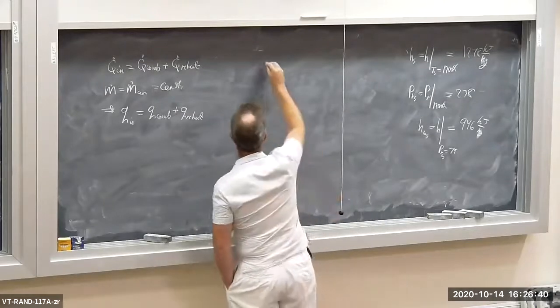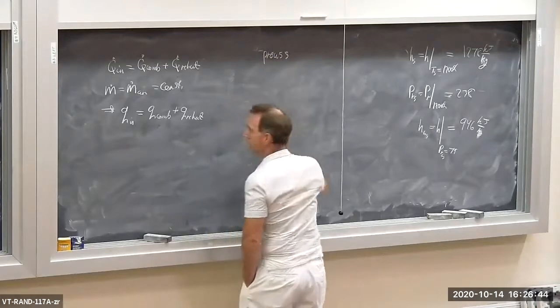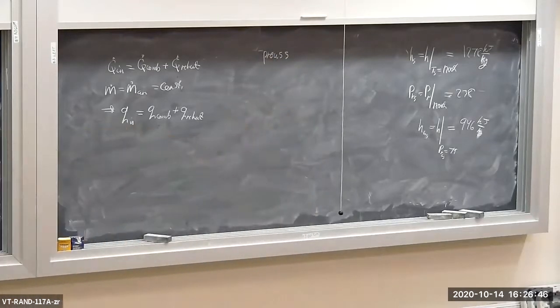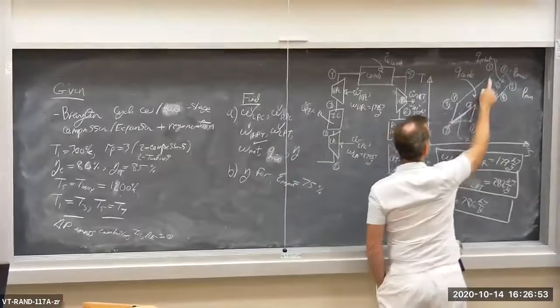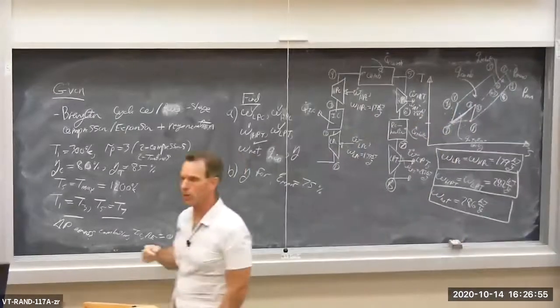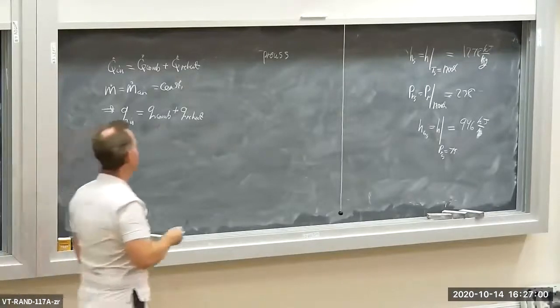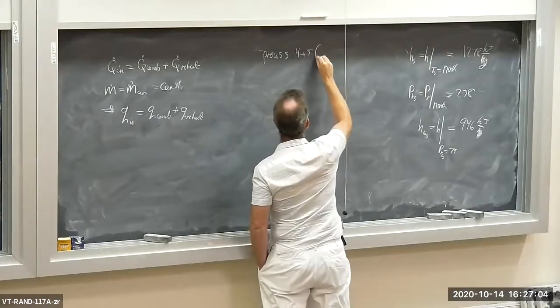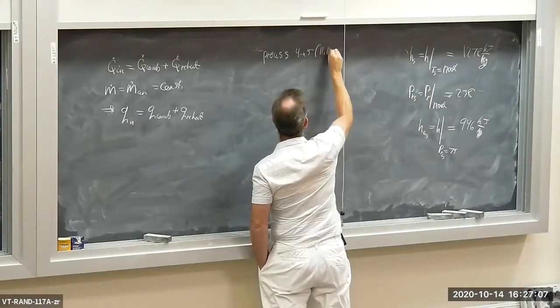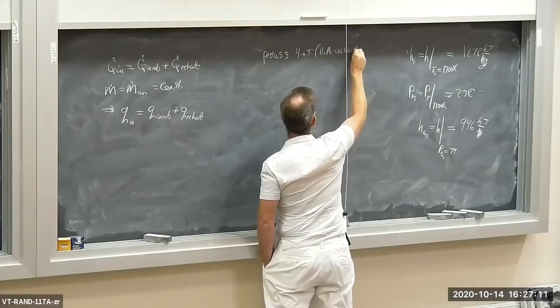If we apply an energy balance for the heat addition process in the combustor, that is process 4 to 5. That's where the heat addition occurs in the combustor, which is isobaric heat addition in the combustor.